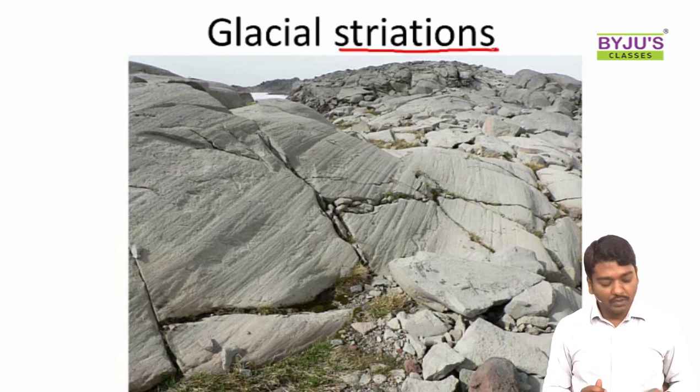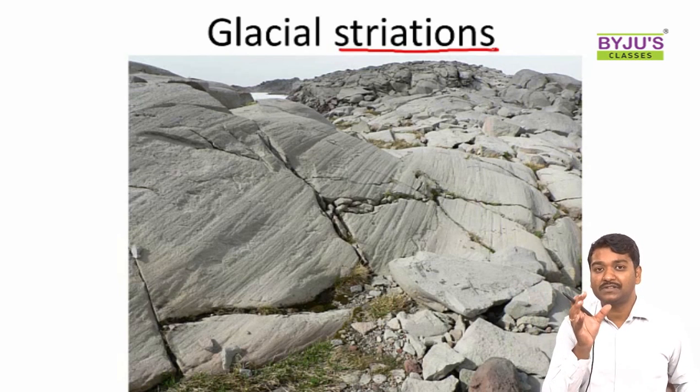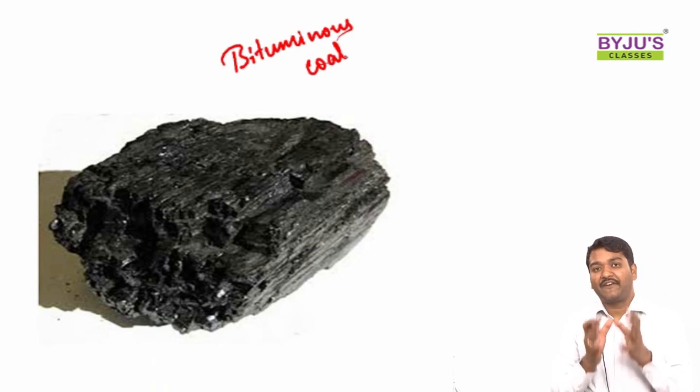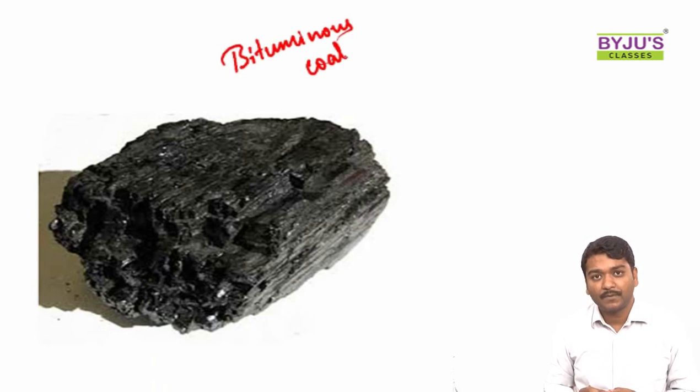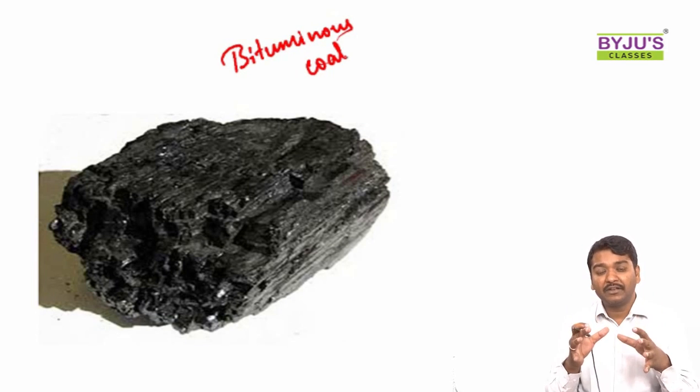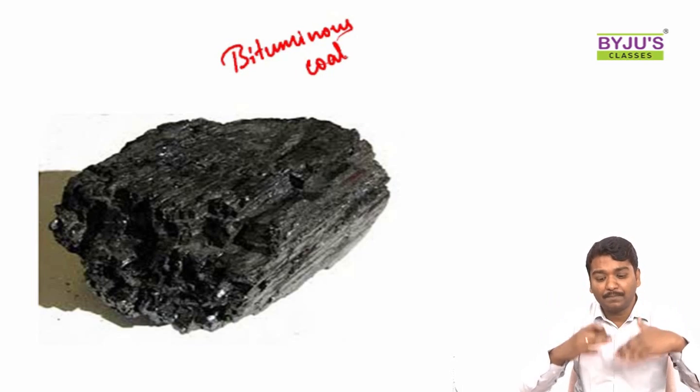And the second thing he found was the most interesting stuff, that is this rock. This rock is bituminous coal. The interesting fact of this coal is that this is formed only in dense vegetation structures. That is, if you want to form bituminous coal, it should have been formed when the sediments of the evergreen forests were compressed.